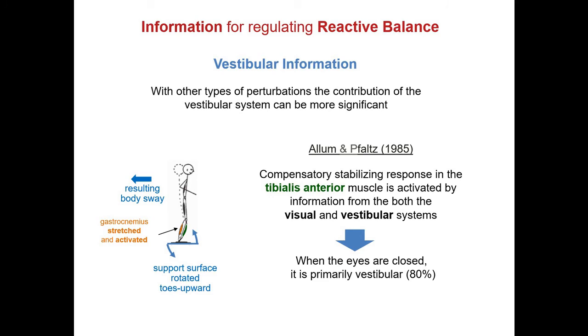Allen observed that the compensatory stabilizing response in the tibialis anterior was activated by information from both the vestibular and visual systems, and that when the eyes were closed, the vestibular system made about an 80% relative contribution. Thus, we see that the contribution of the somatosensory system decreases as soon as the ground surface no longer has a stable orientation relative to the line of action of gravity.